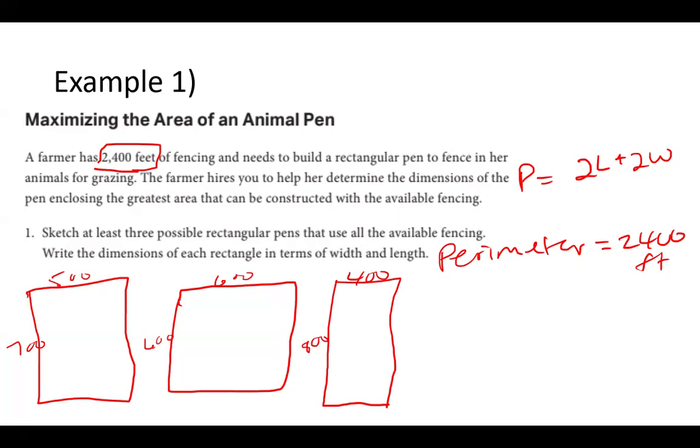All right, group 4, you have another one to give me? 1,000 by 200. We have a 1,000 by 200. All right, group 5, what do we got?